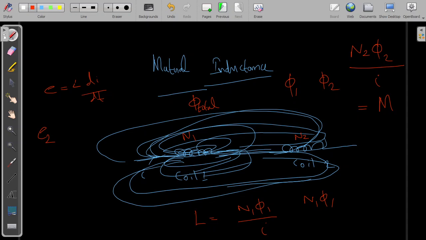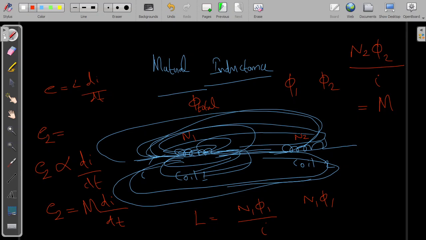Its magnitude is proportional to the rate of change of current flowing in the coil 1, that is di by dt, and the proportionality constant is the mutual inductance, so E2 is equal to M di by dt. So this is our mutual inductance property of two coils.